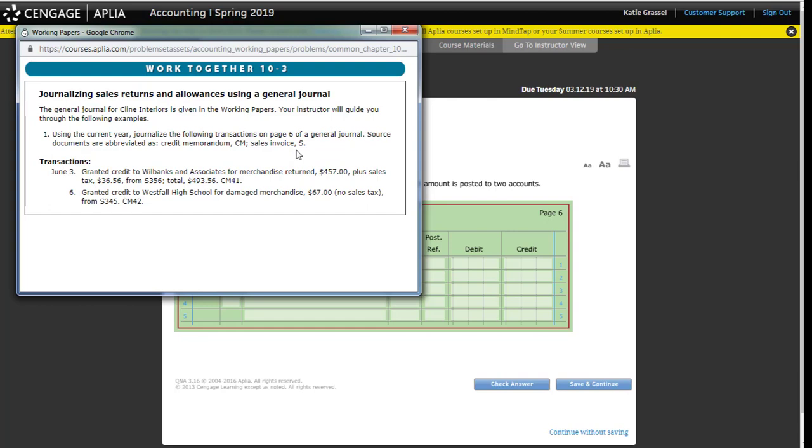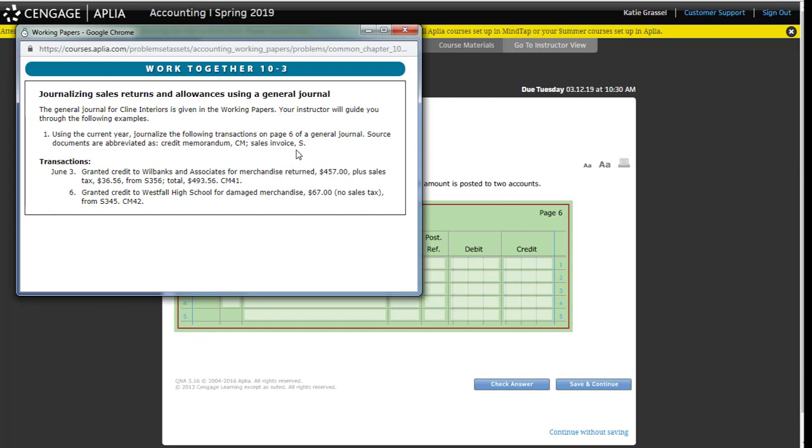So we have how many journals now? How many did we learn last chapter? 3. How many did we just add this week? 2. So we have 5 journals. Okay? So we learned in chapter 9 our purchases journal, which we use anytime we buy merchandise on account.